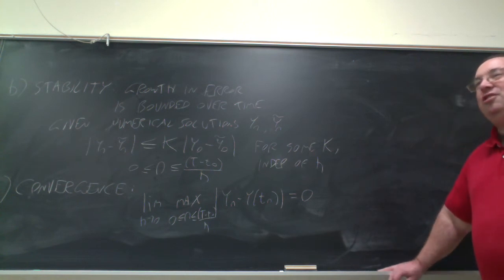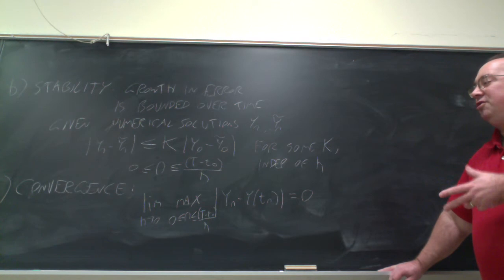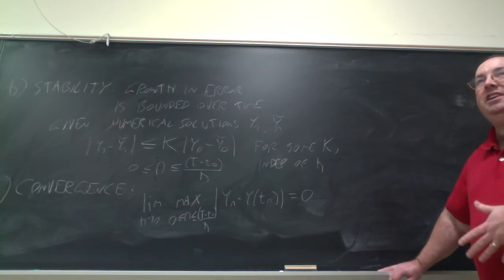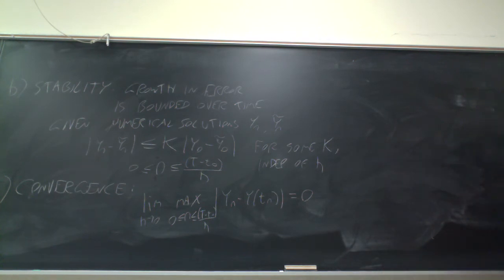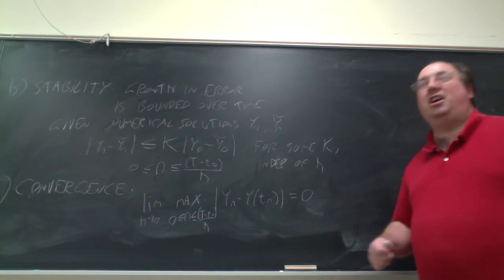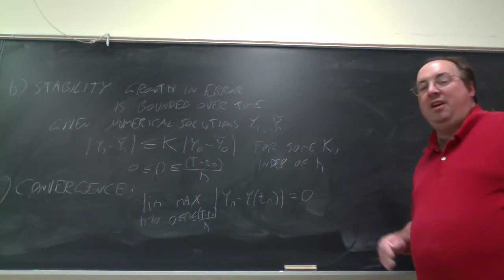Now, I said convergence is the only one we really care about, but convergence is difficult to show directly. Now, I did do it for Euler's method, but Euler's method is by far the simplest time-stepping method. So for something like fourth-order Runge-Kutta, it'd be much more of a chore.